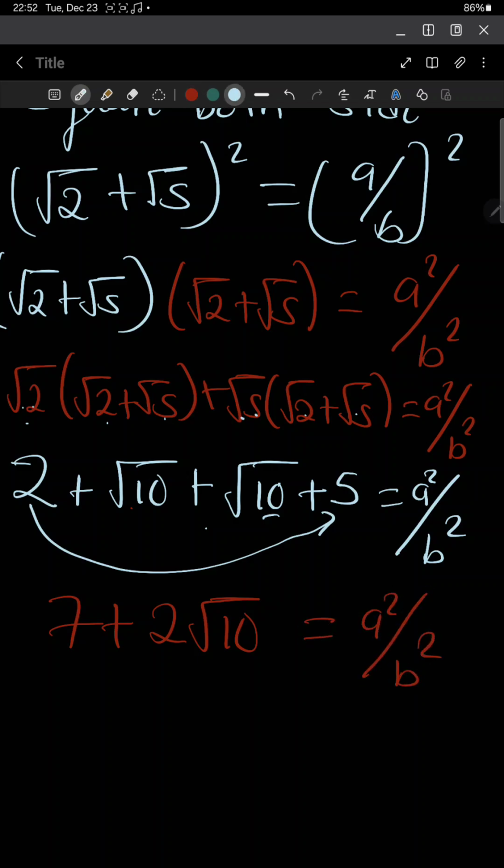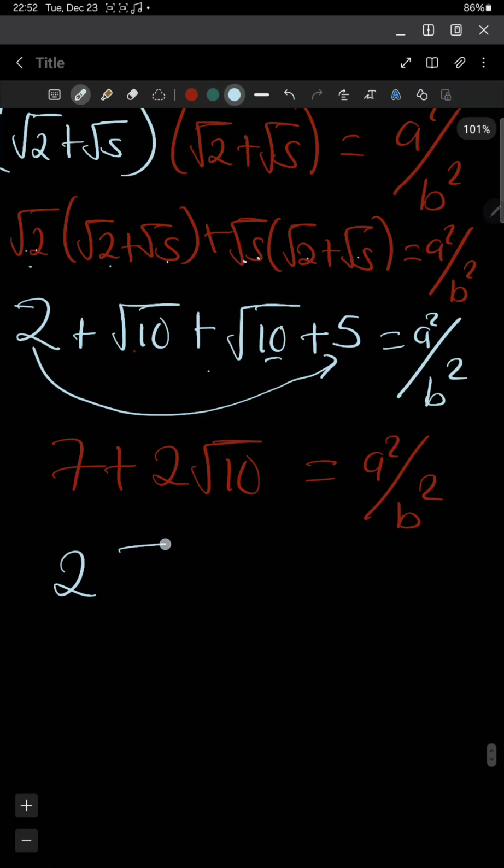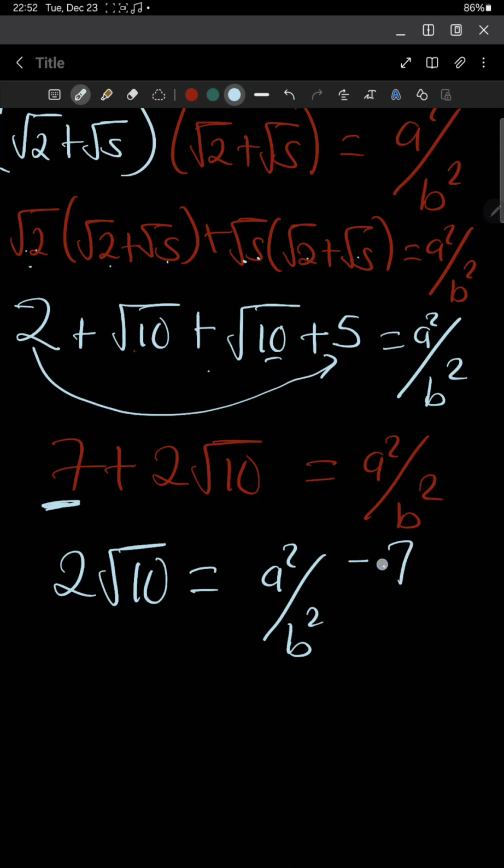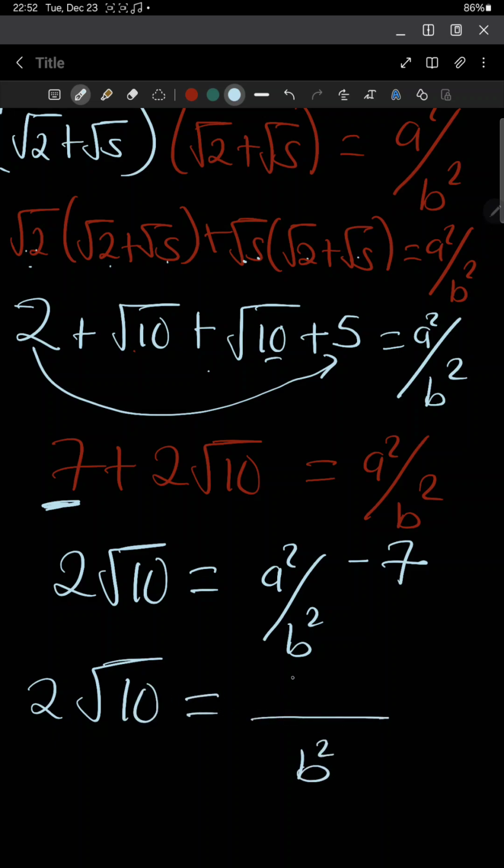After that, we'll simplify it. We'll say 2 square root of 10 is equal to A square over B square minus 7, that is the additive inverse for positive 7. Simplify it, square root of 10 equal to, the common factor here is B square: B square times 7 is 7B square, and 1 times A square is A square.